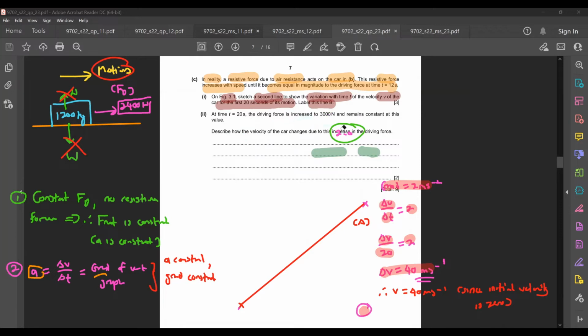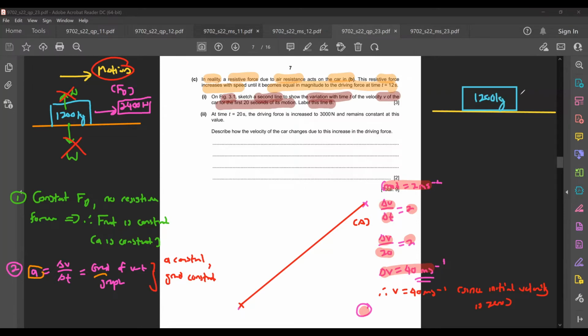Okay, so this one is with air resistance taken into account. The way they describe it here is in this manner. So this one is now the same object, 1280 kg.